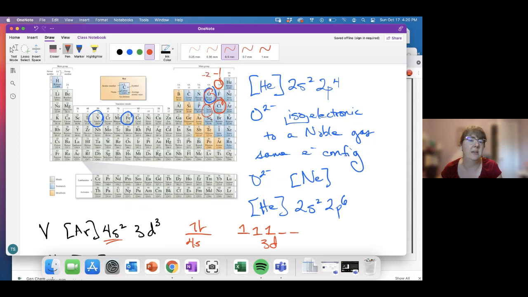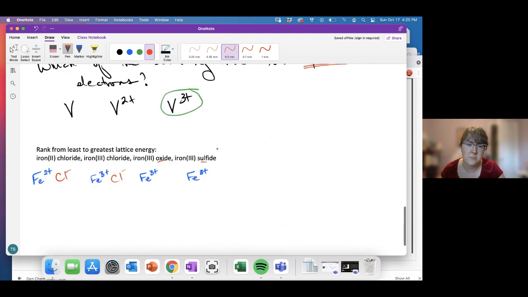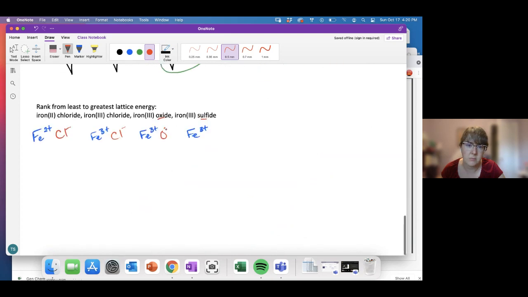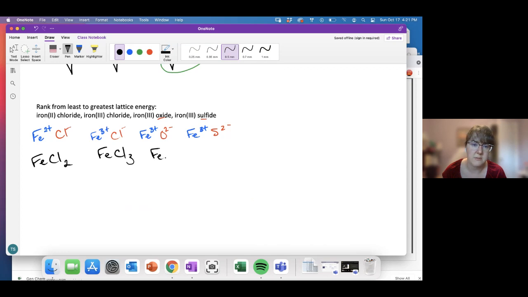They're both in 6A, so they're both going to have -2 charges. I'm going to form my compounds just for practice. So this should be FeCl2, this should be FeCl3, Fe2O3, and Fe2S3.